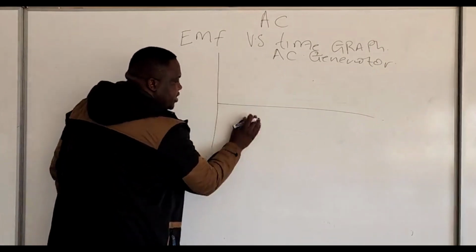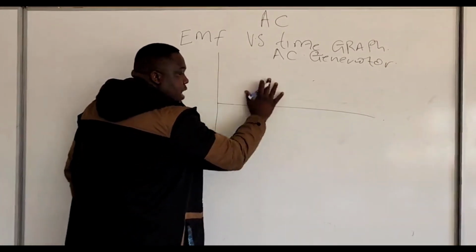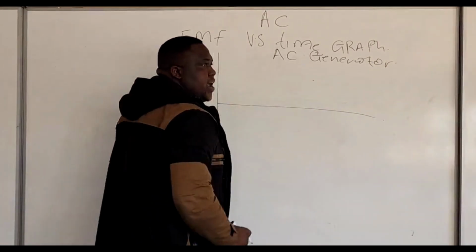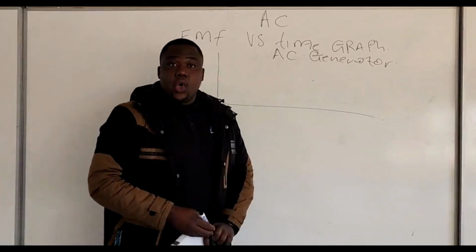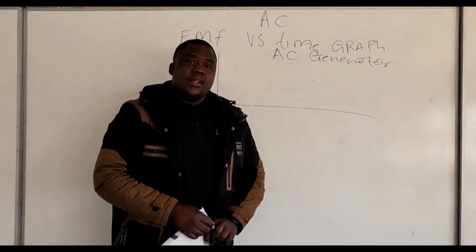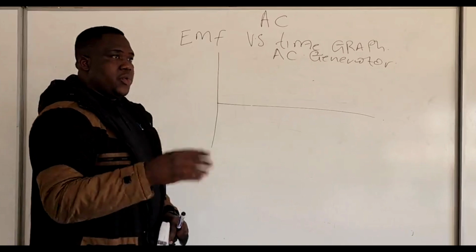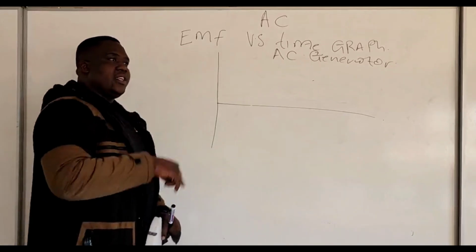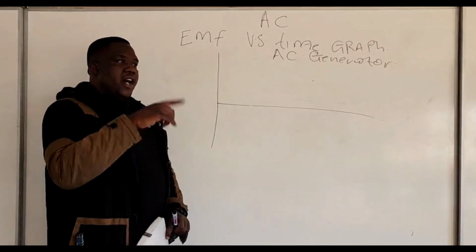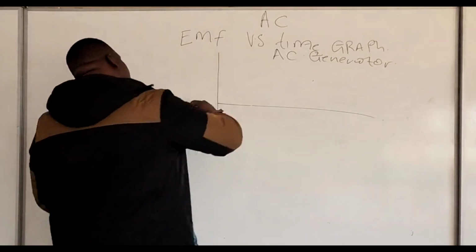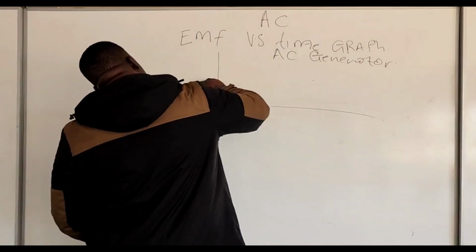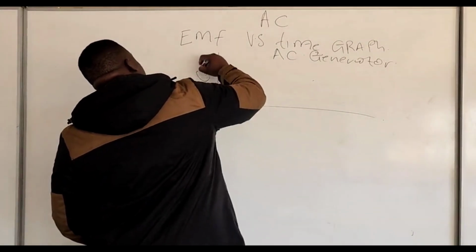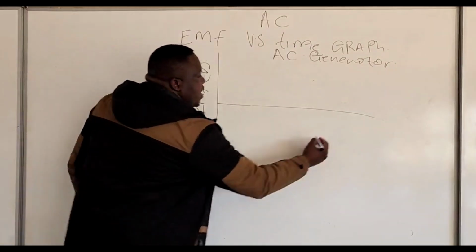You know that voltage is going to alternate along here, and I have very good videos which I'm going to share with you so that you can understand how the voltage alternates. So here we're going to have the EMF with the SI unit of voltage, and here we're going to have the time.